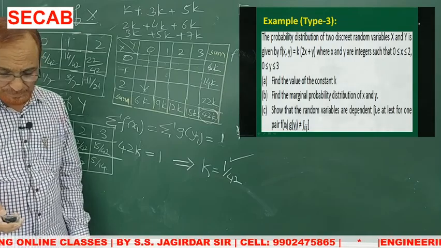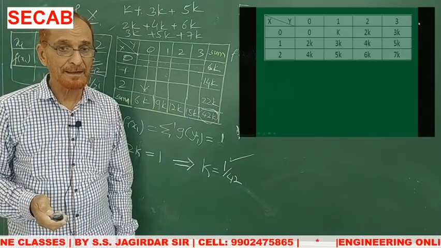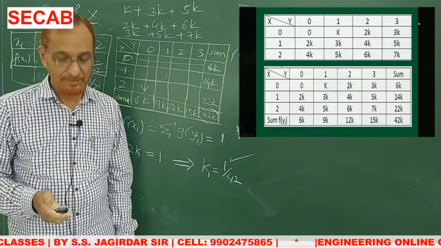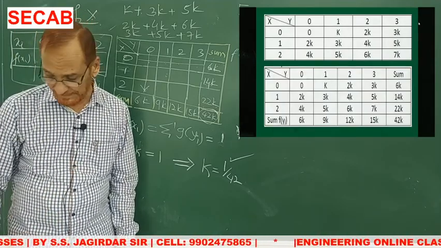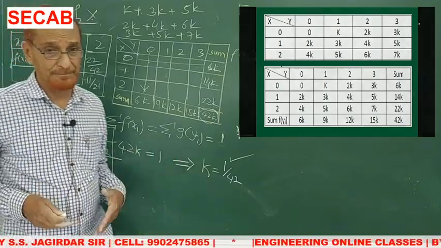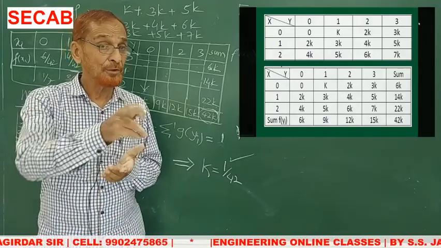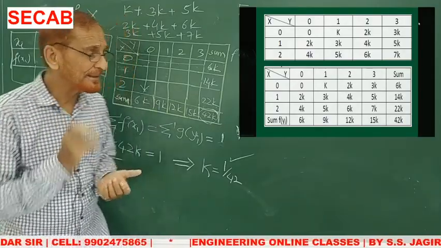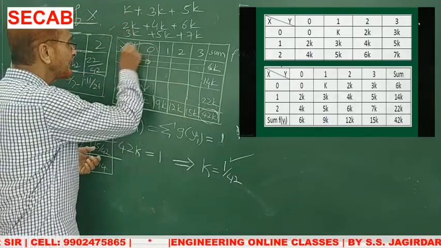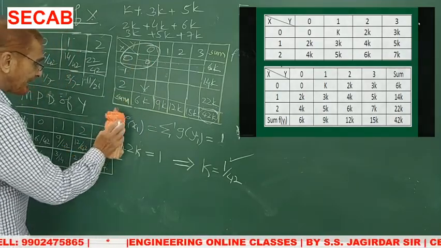So let's go back to the table, and this last answer will also confirm. One pair is sufficient to prove they are dependent. So you take 0, 0. That means you check this joint value. So what is the joint value?